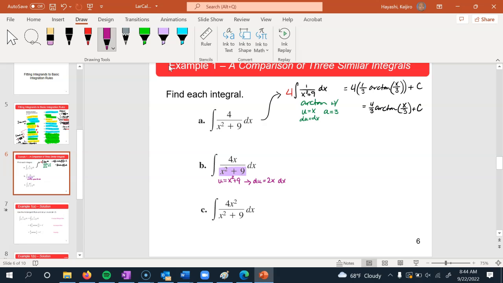So you can either take that 4, put it to the outside, then toss in a 2 on the inside and divide by 2 on the outside, ultimately giving you a 2 on the outside and then 2x dx on the inside. Alternatively, you can just factor out, not the whole 4, but just 2.